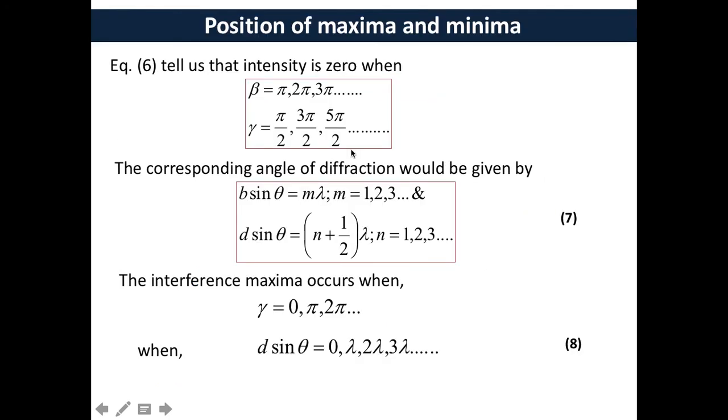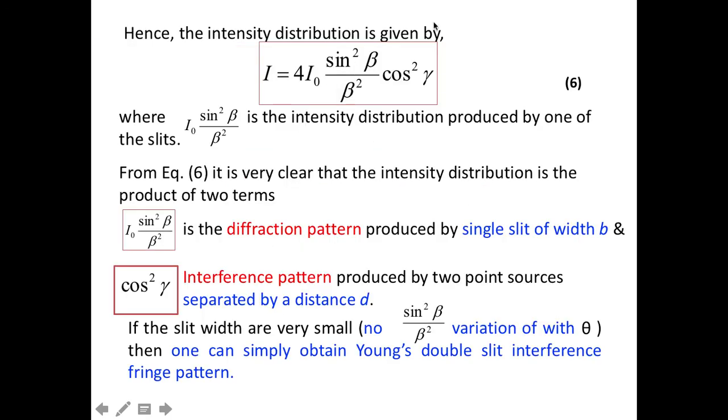Next, for the position of maxima and minima, if you consider this equation 6, for the minima the intensity should be 0. So sine beta, if you put pi, sine pi is 0.